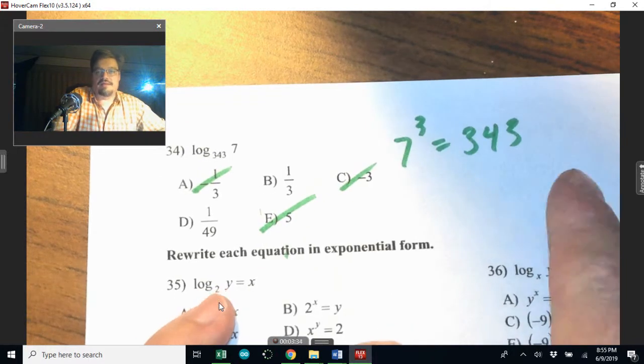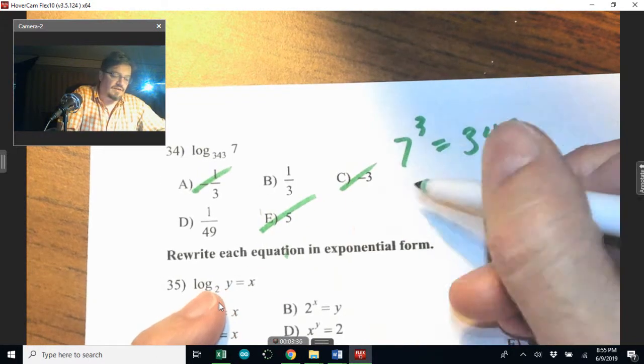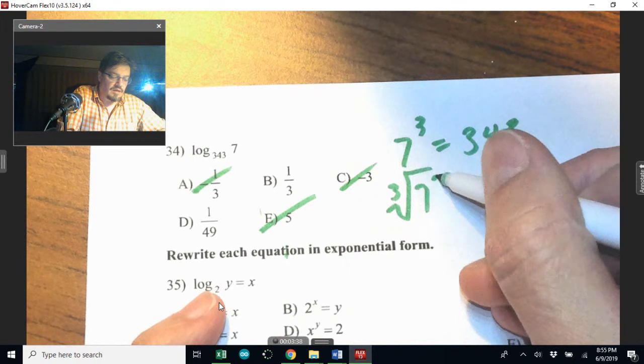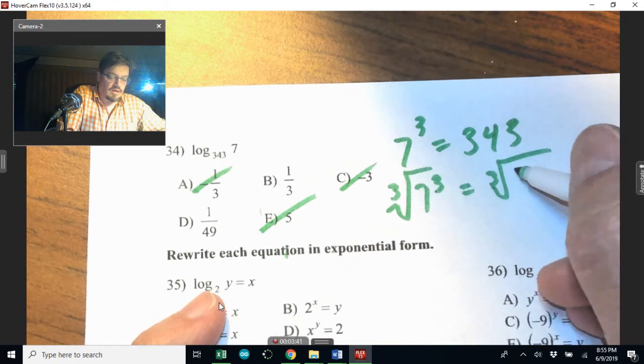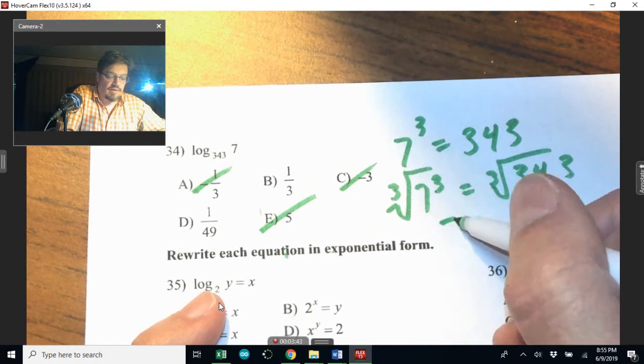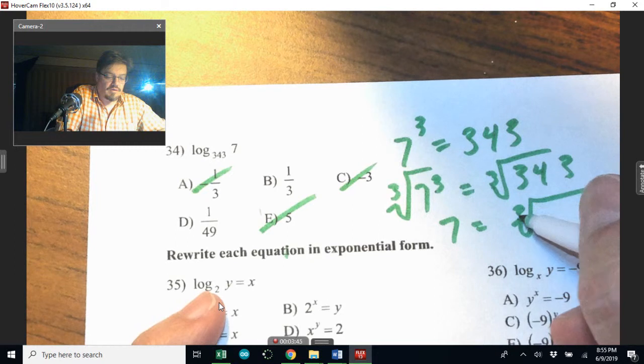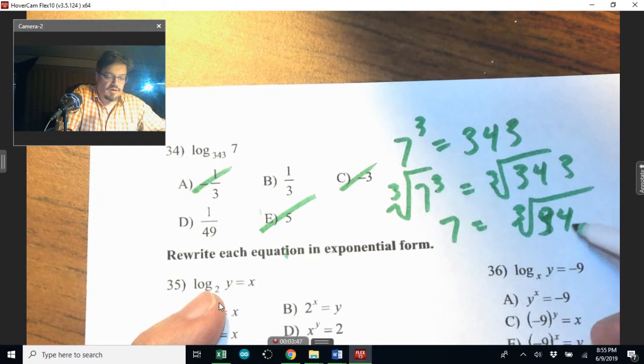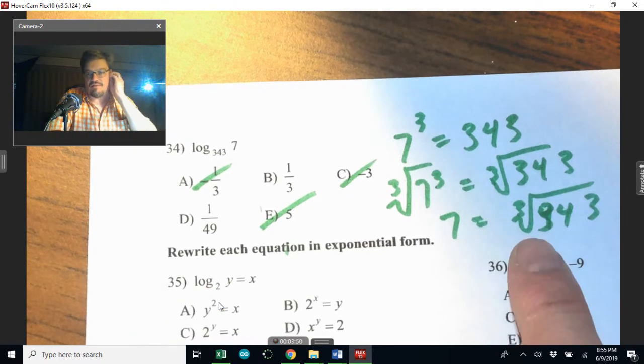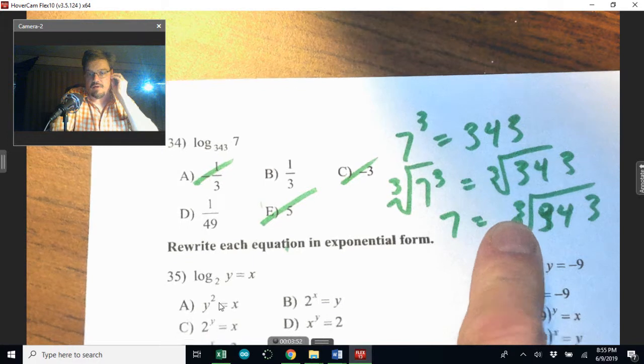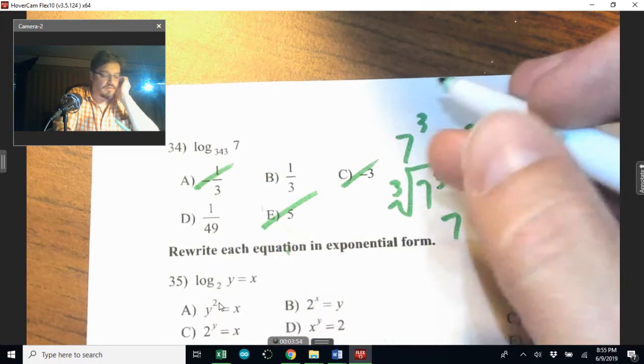So going backwards, if I took the 3rd root of 343, I would get 7. So 343 to the 1/3 power is 7. So the answer is B.